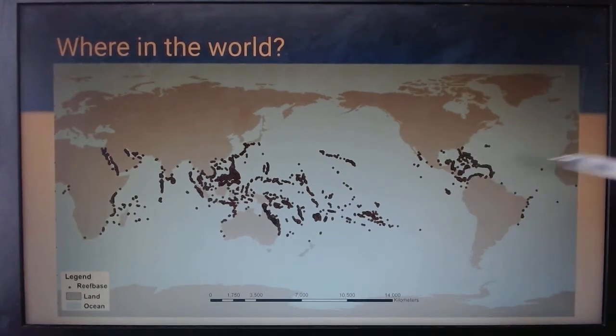Most countries in the Caribbean have some. Again, note down the best examples: Bahamas, Belize, Jamaica has some, Cayman Islands, Barbados. There are lots of different examples in there. St. Lucia is another one in the Caribbean. You'll need to know that for your homework, so please make a note of those.